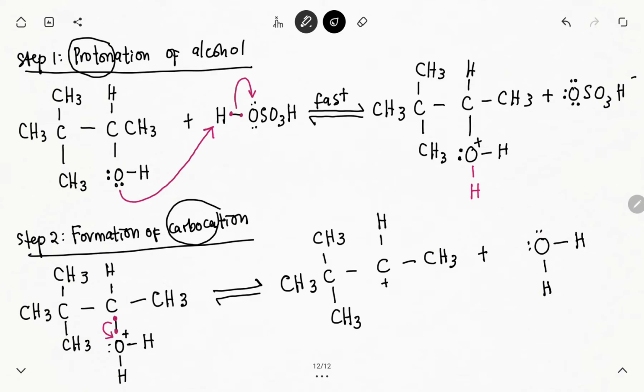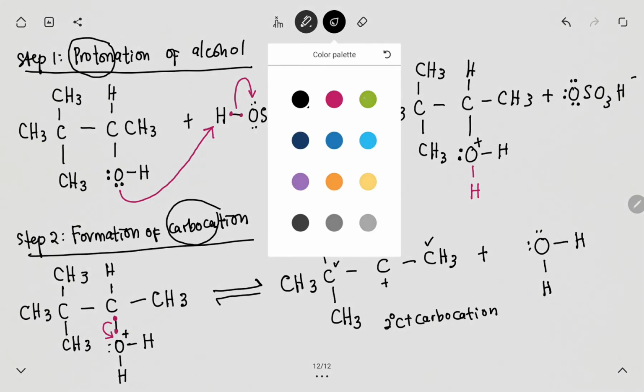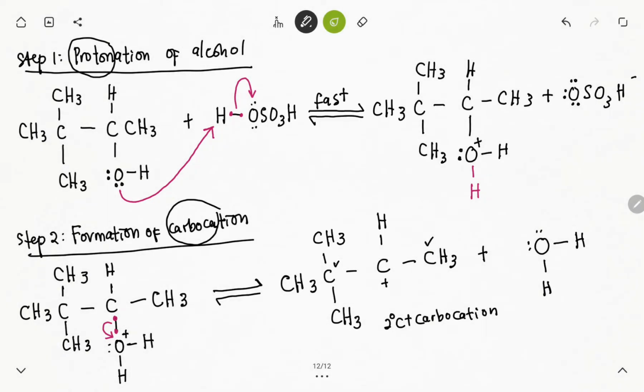So at this stage, we need to check whether the stability of the carbocation needs to rearrange again. This C plus is attached to one alkyl group, which means this is classified as a secondary carbocation. So we need to proceed to the third step. We need to check whether a tertiary carbocation can occur or not. The third carbon here has a CH3 group, which means it can rearrange to a tertiary carbocation.